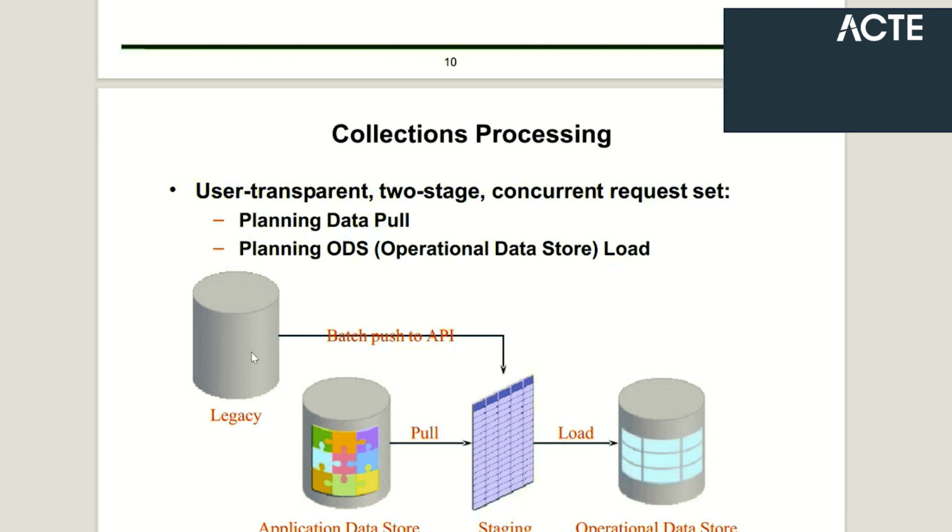So from this API, legacy or mainframe, etc., that is the data pull which you are doing, and then you will have a staging API, which will be used for doing some selections, etc. Then this will be loaded into the data store.